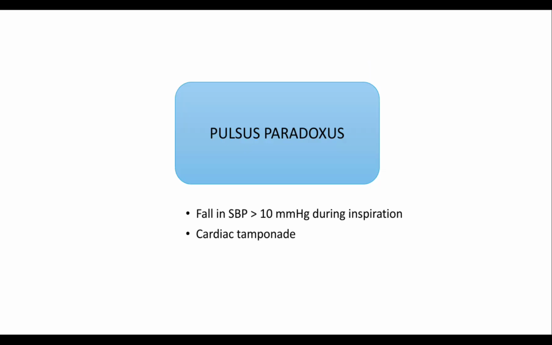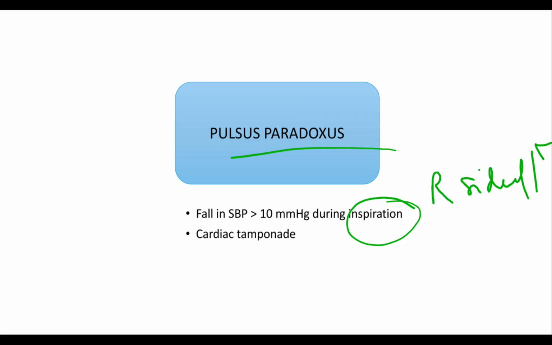What is pulsus paradoxus? You might have heard the term, but pulsus paradoxus is a misnomer. It's actually an exaggeration of a normal physiological event. When there is inspiration, right-sided filling and right-sided volume increase. So comparatively, the left-sided volume decreases.